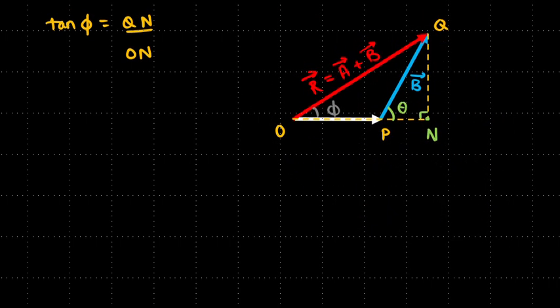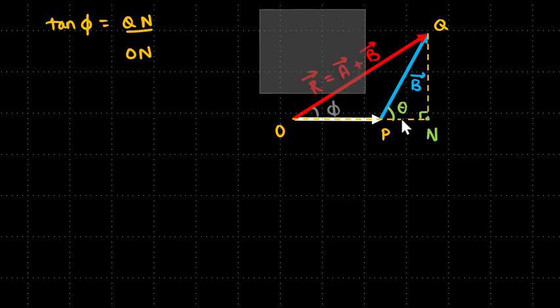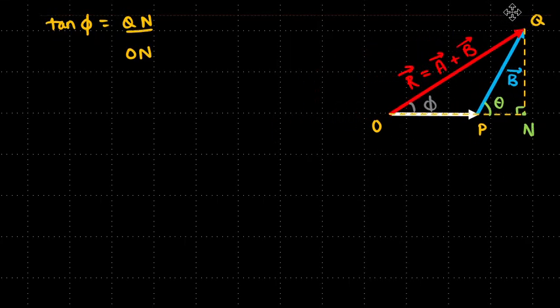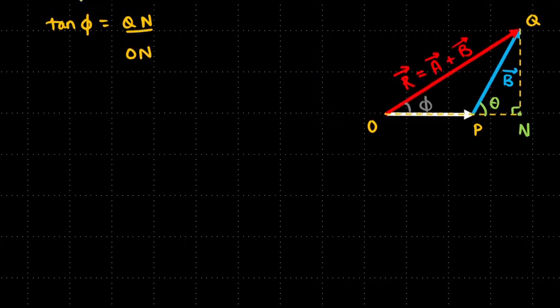So let's just look at what ON is. So ON, let's move this over here. ON is just OP plus PN. So QN by OP plus PN.